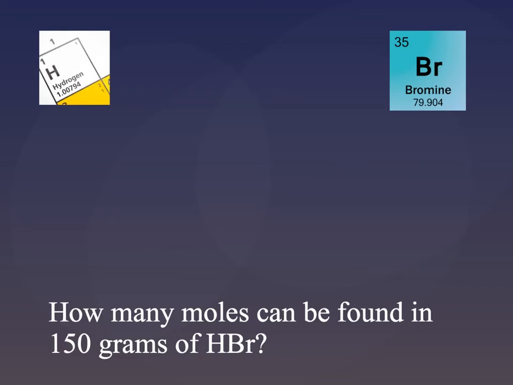And here, the question is, how many moles can be found in 150 grams of hydrobromic acid? Again, we need the formula, the correct formula. And first of all, I need to determine the molecular weight, the same way I did it before. This formula has 1 hydrogen and 1 bromine.